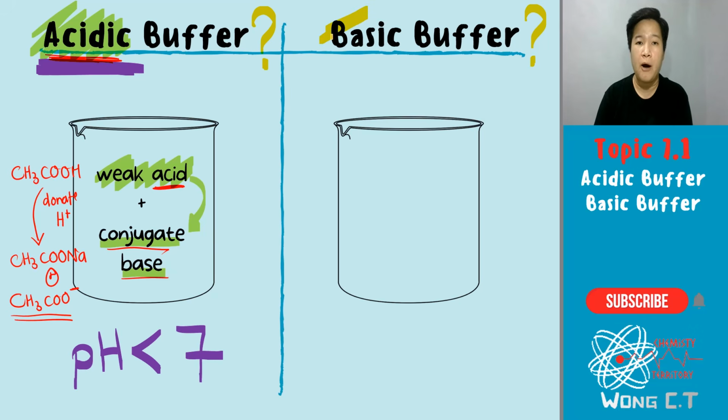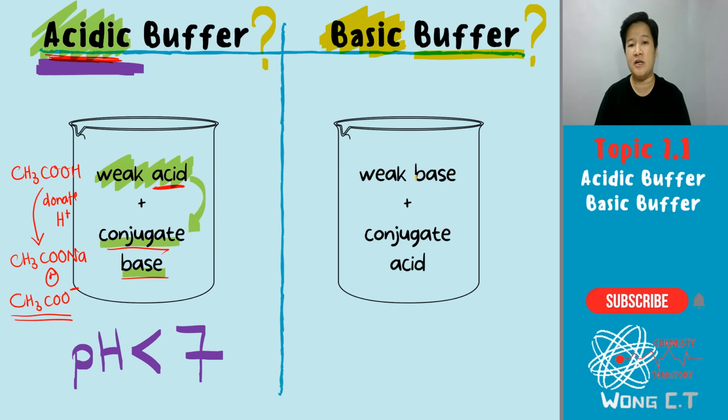Next, how about basic buffer? If acidic buffer is made up of the weak acid, therefore your basic buffer will definitely come from your weak base. Can you see that? So acidic buffer is the weak acid plus its conjugate base. Basic buffer will be the weak base with its conjugate acid.